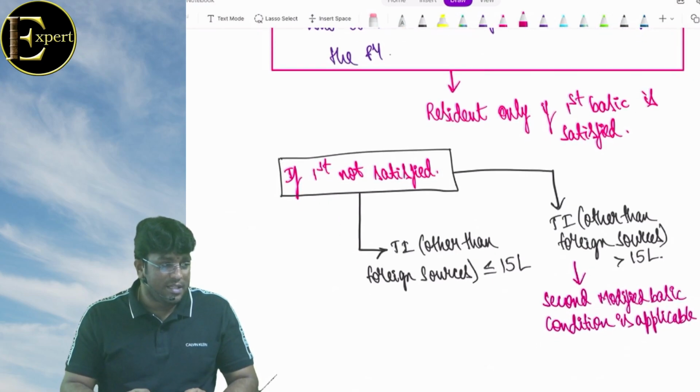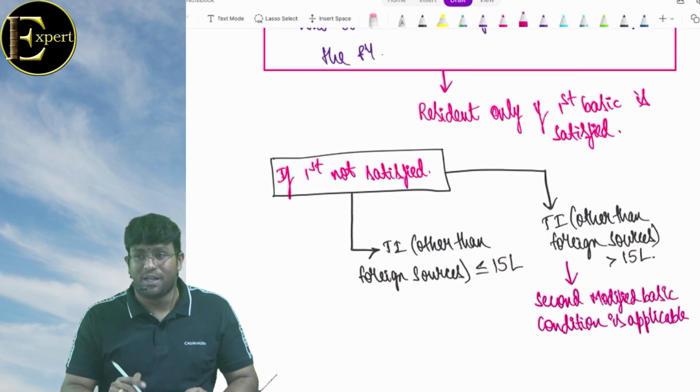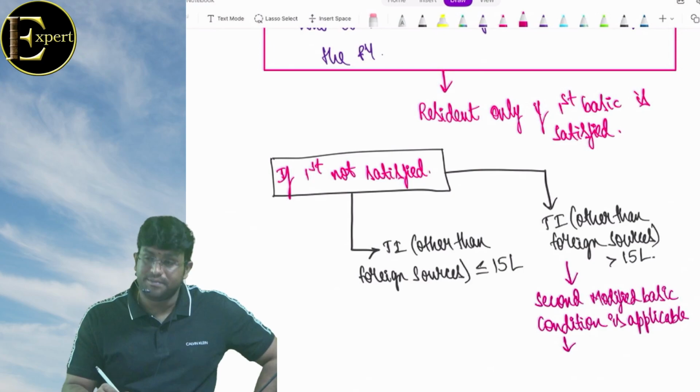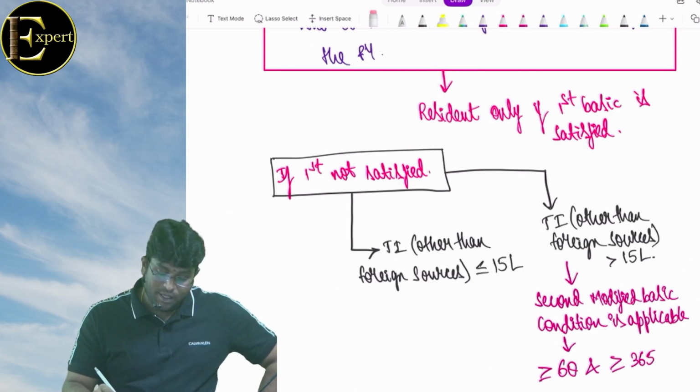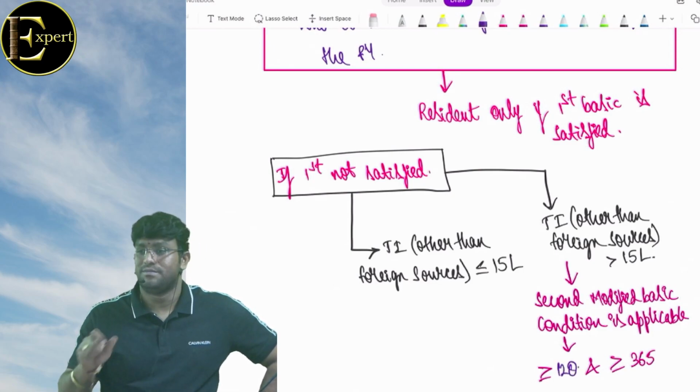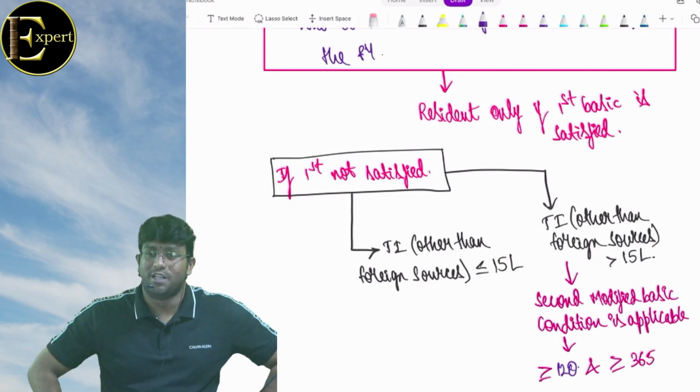Second modified basic condition is applicable. Actually what is the second basic condition? He must be in India for greater than or equal to, they did simple, doubled the 60 to 120 days. Is that clear, my dear friends?